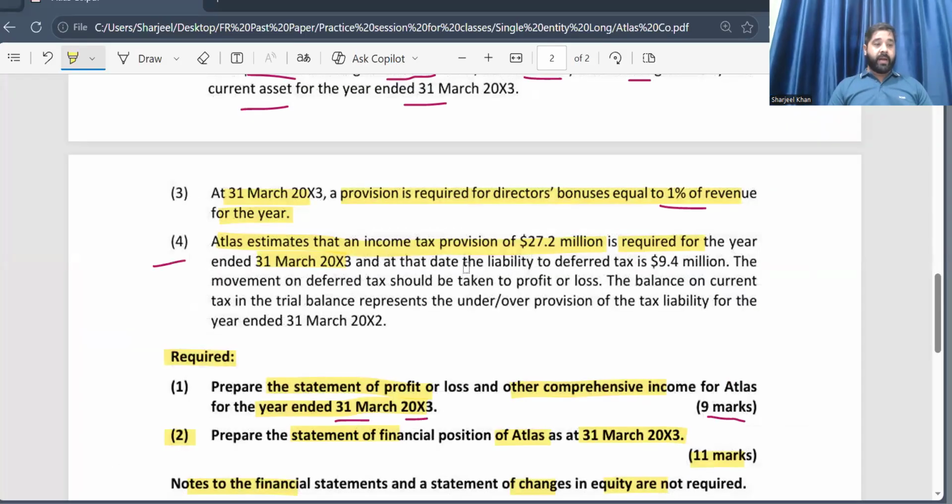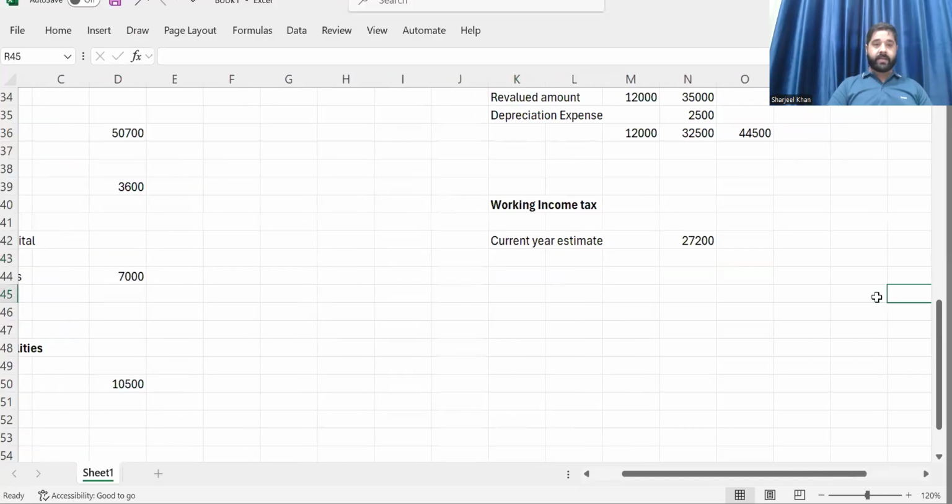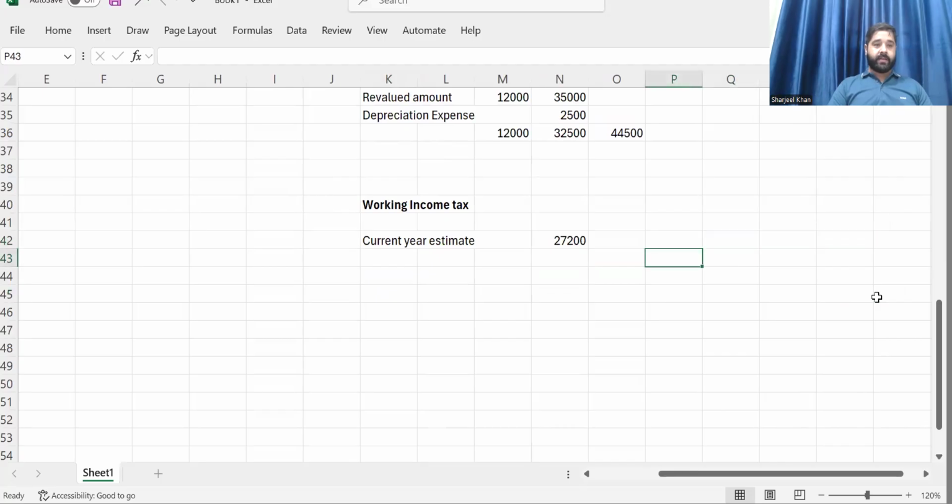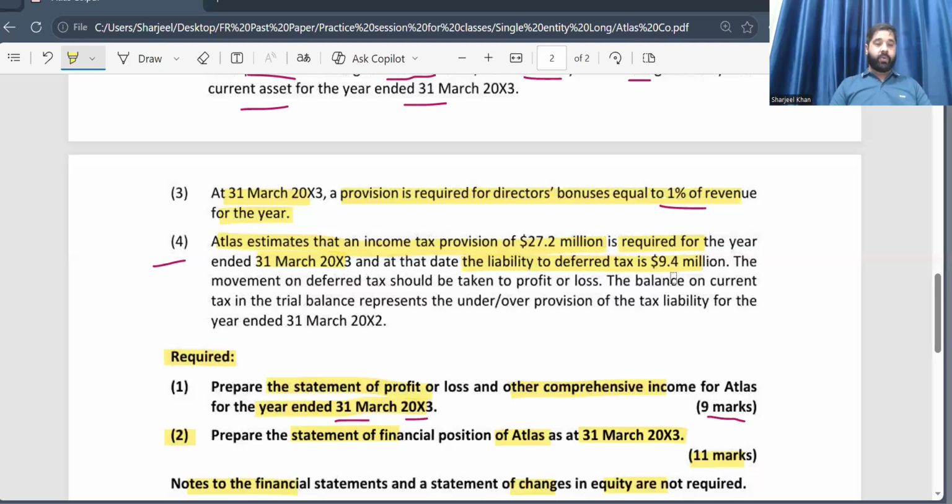Now, at that date, the liability to deferred tax is 9.4 million. So the closing balance on the deferred tax is, opening balance, closing balance, and it is 9.4 million.